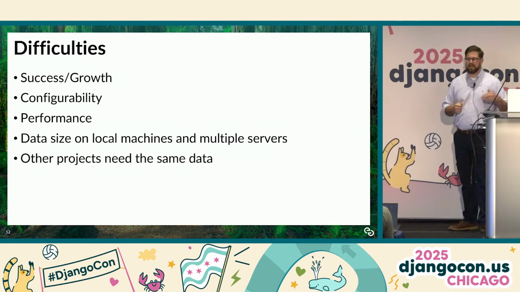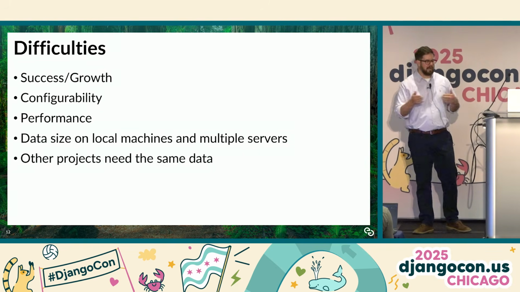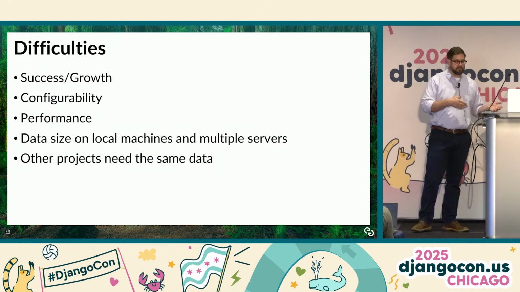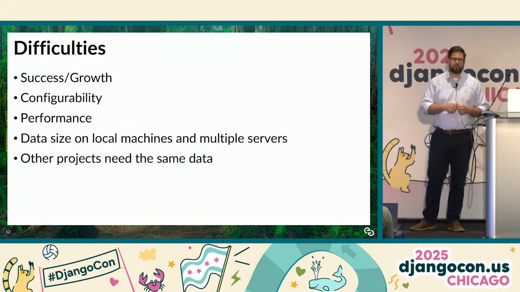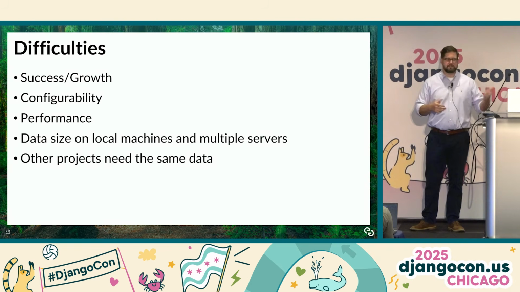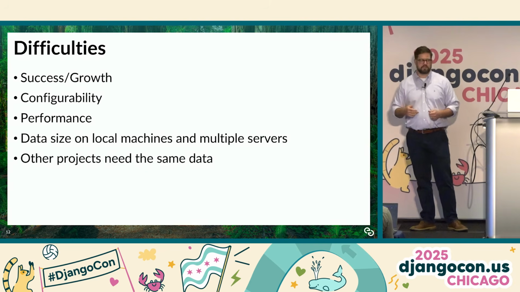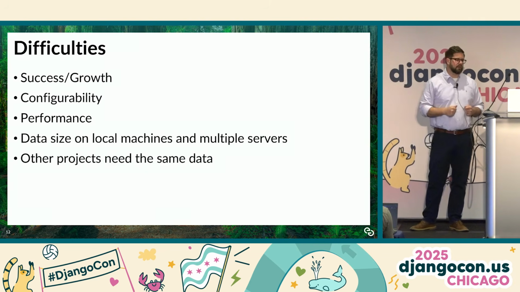Another issue we noticed as those tables grew and grew was moving the data around and having different copies of the data. So on a dev machine, everyone would have copies, and then we have several instances of our servers. So a dev environment, a staging environment, those kinds of things. And so paying for all of those databases in the cloud.